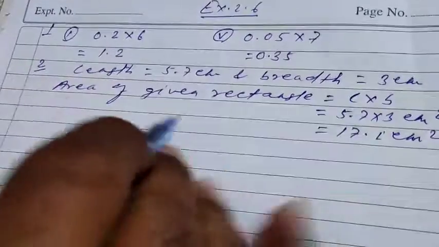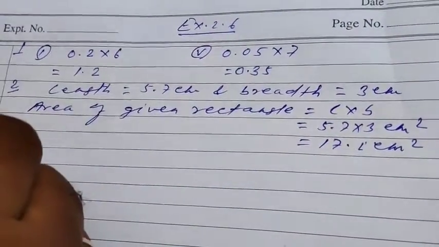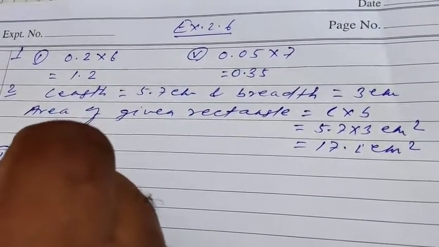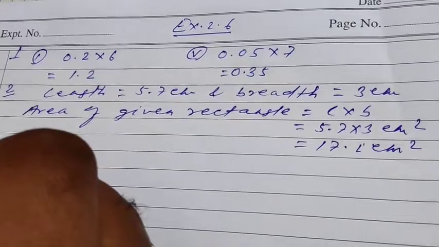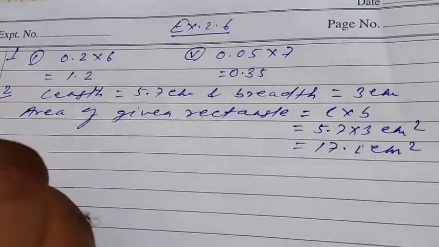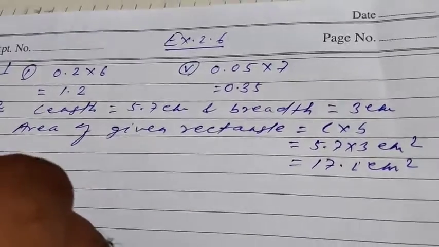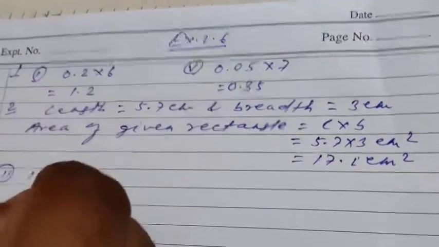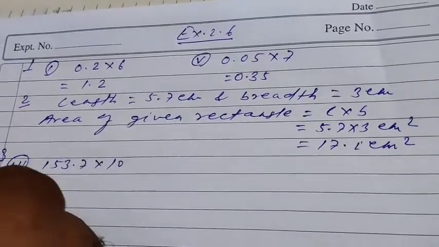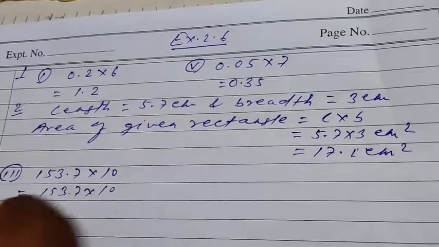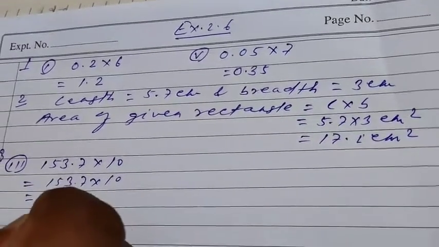Now question number 3. In this question, you have to find the product of these two decimal numbers, 153.7 into 10, and this is equal to 1537.